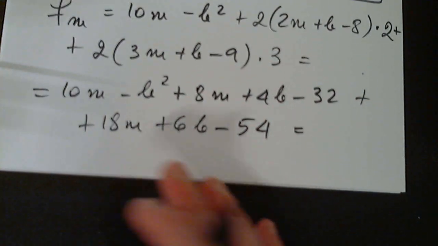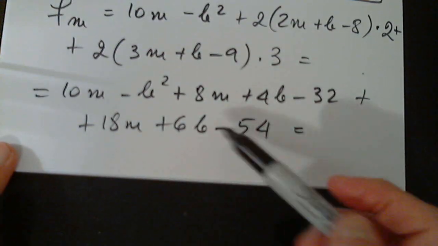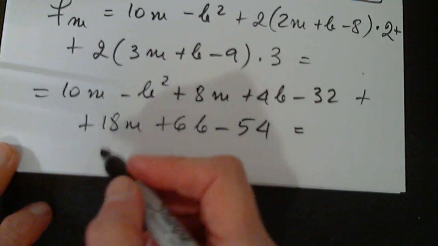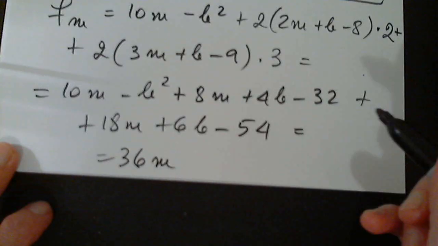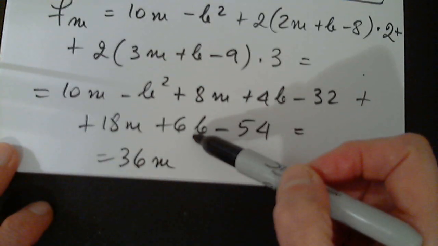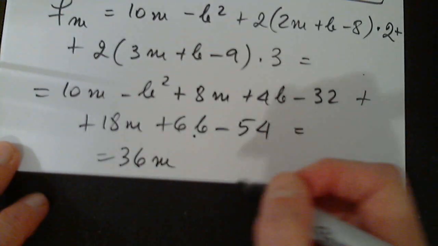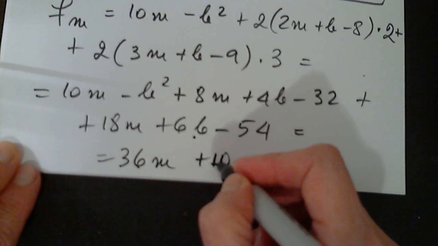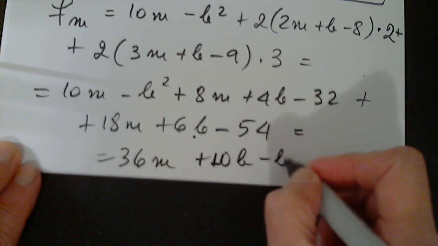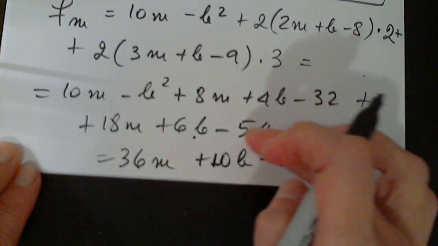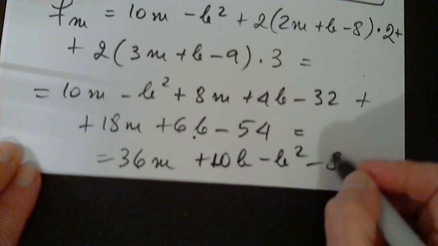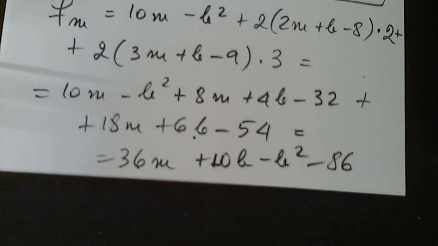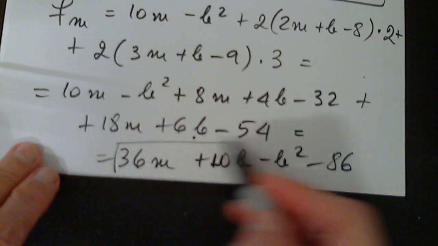Okay, let's see now. m, 18 plus 18, 36m plus 10b minus b squared and minus 86. And this is it.